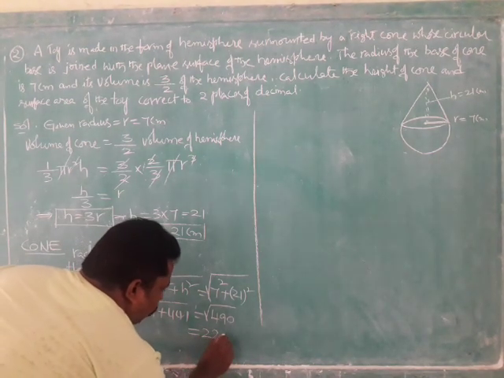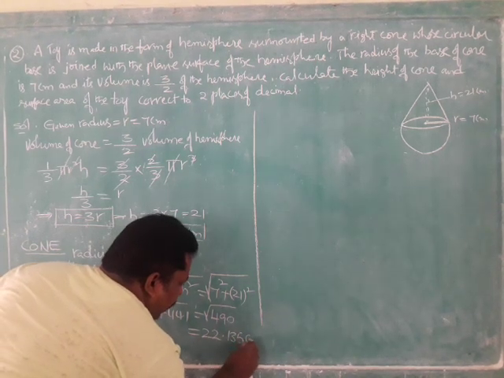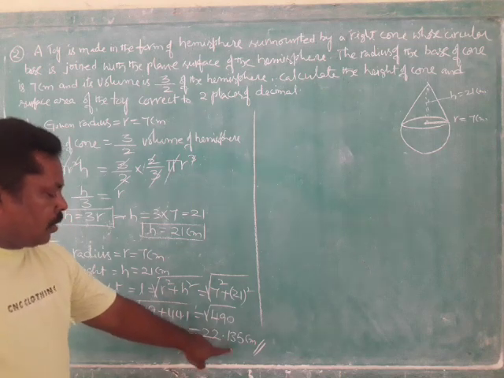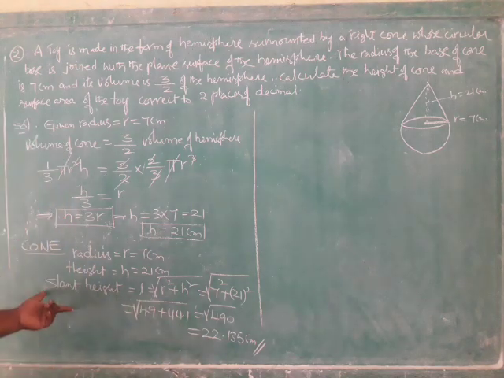Approximately its value is 22.135 centimeters. That is the slant height.